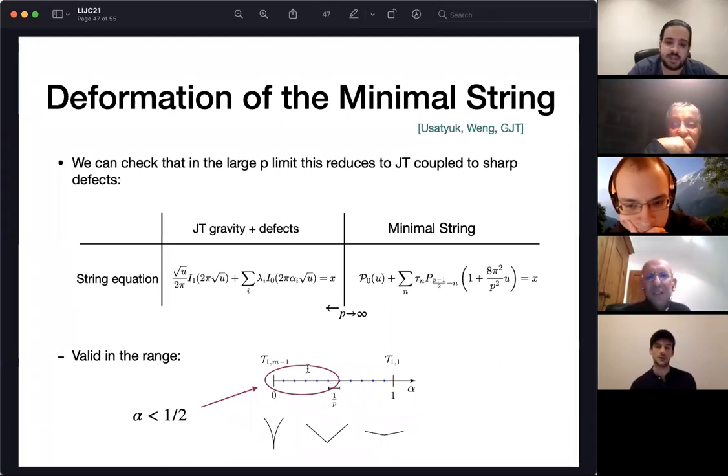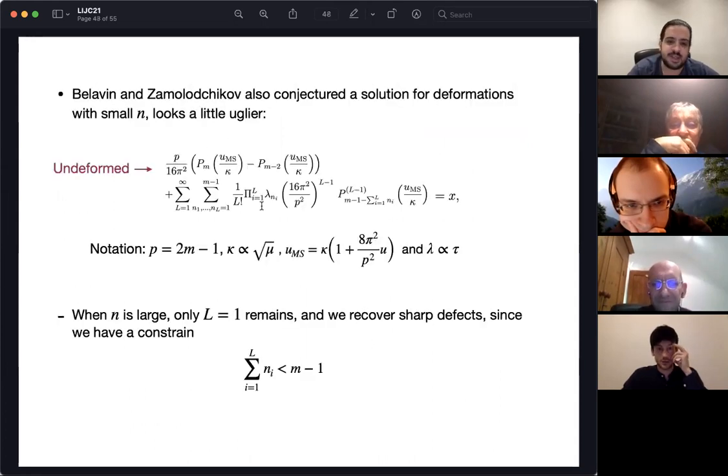And from the minimal string, the reason is that when alpha is bigger than 1/2 or when n is small, then this solution of Belavin and Zamolodchikov is not linear in tau anymore, and there are higher order terms. And this is the exact answer, so it's kind of a mess. So I'm just showing it to you to show you that there is an answer, but you don't have to pay attention to all the details.